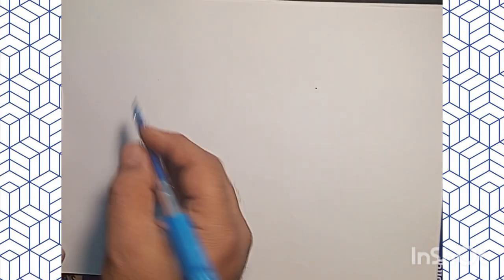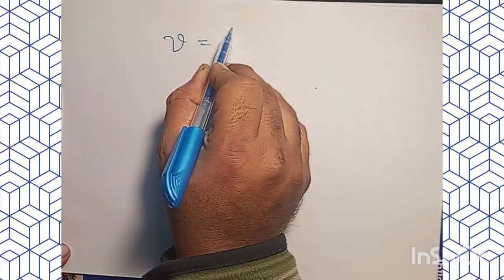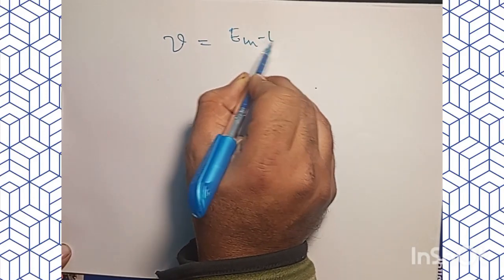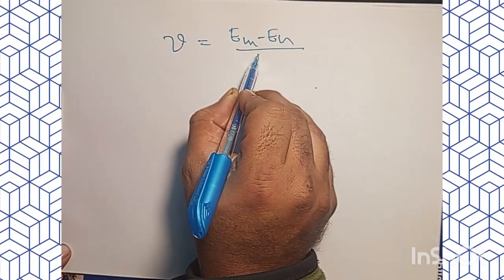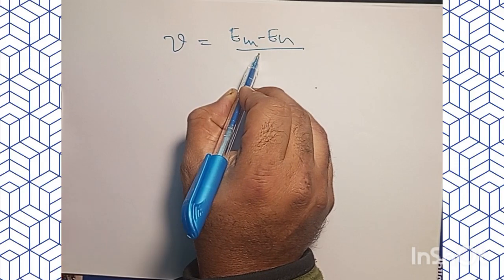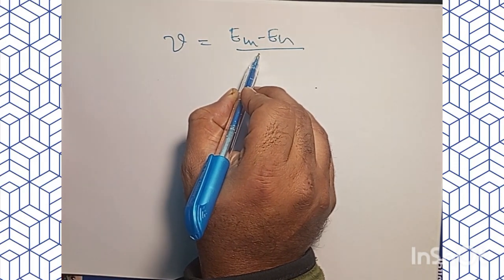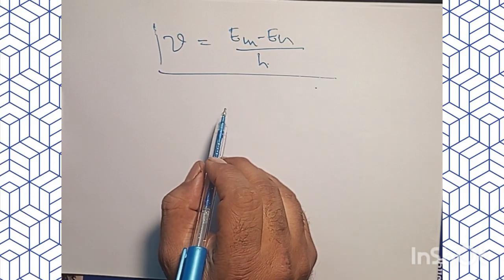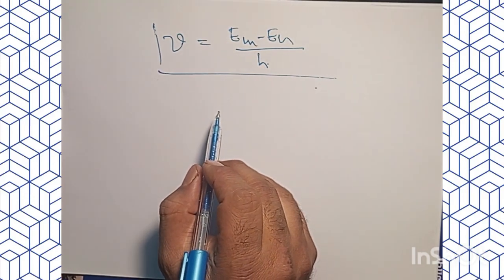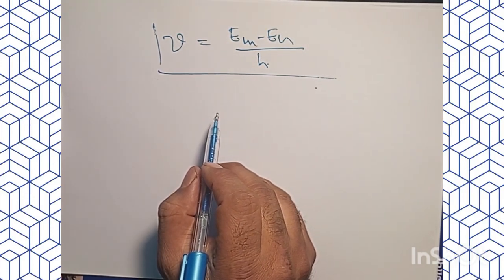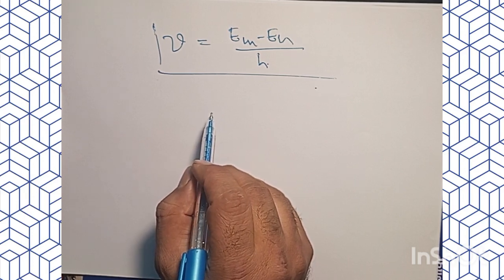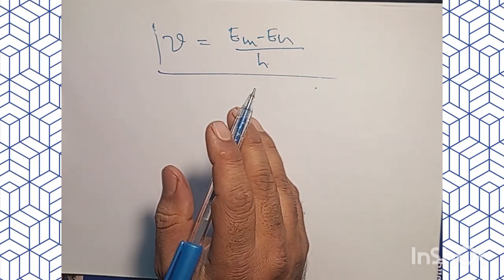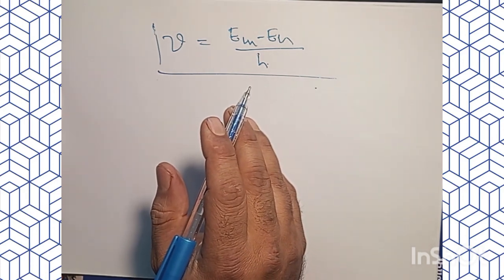So this nu will be equal to Em minus En by h. This is what we can obtain by taking into account the real part of the two terms that we saw in the middle of that integral.